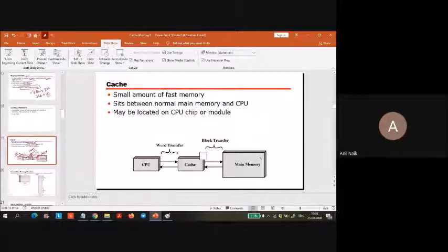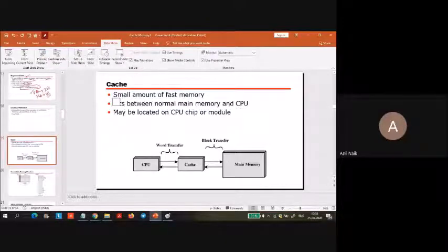For example, if you are checking the COVID-19 status daily, then your Chrome browser will create a bookmark, no? So the next time you need not type, you just click on that particular URL and you access it directly. Similarly, if you visit YouTube or any other websites regularly, it will store them in bookmarks, and whenever you go, just click.